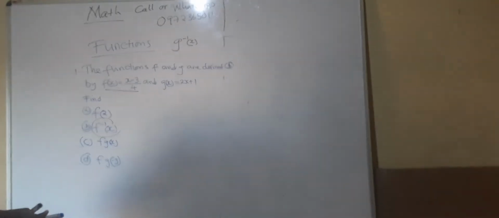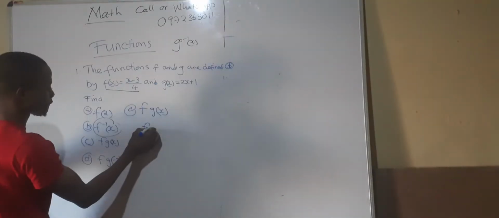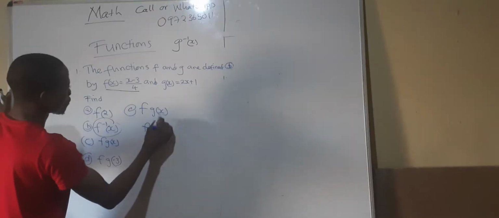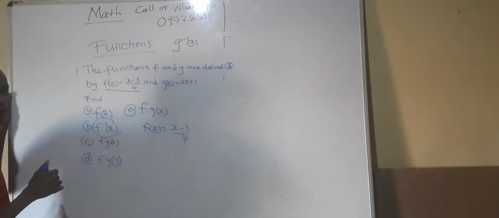Okay. Now we want to find fg of x. To find fg of x, first you write the function for f, which is f of x is equal to x minus 3 over 4. That is the function in the question. Now, since we have been told to find fg of x, where there is x in the f function, we will have to substitute the g of x.